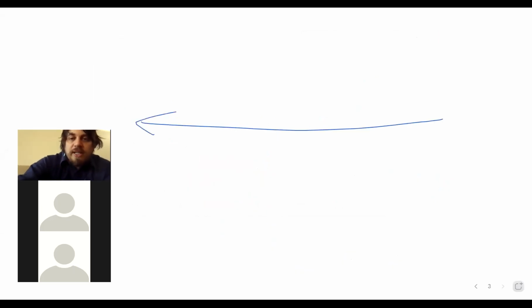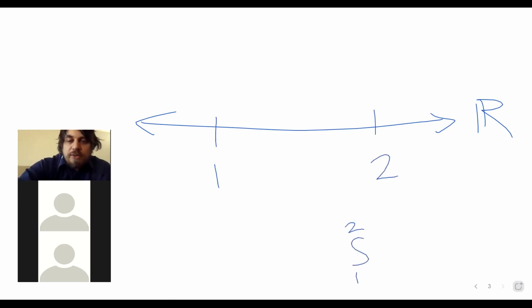If you have the real line, we're going from 1 to 2. It's a definite integral from 1 to 2 of 1 over x dx.